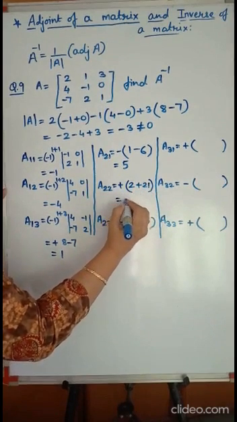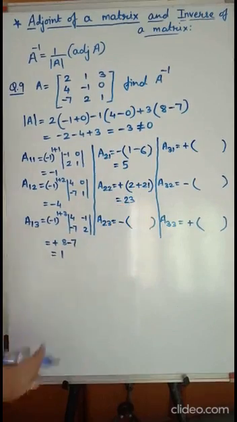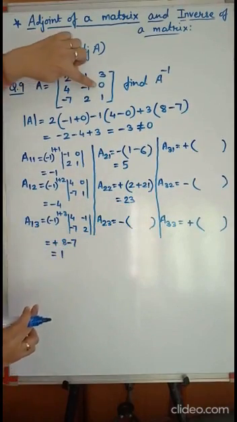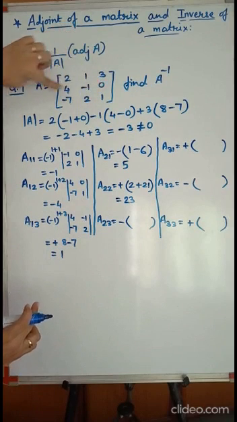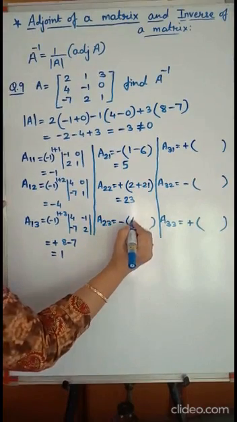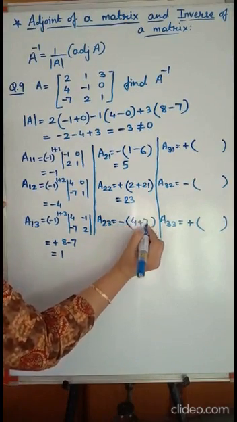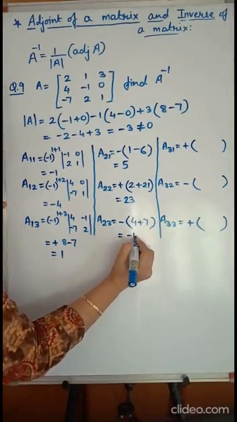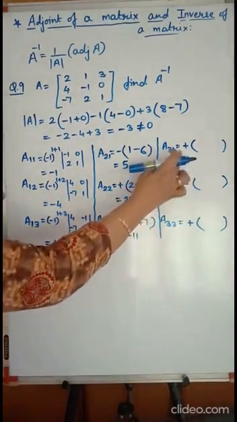So what are you going to get? 23. Now A23. Where is A23? Here. So you cancel this, you cancel this. You get 2 2s are 4 plus 7. It's minus 11.